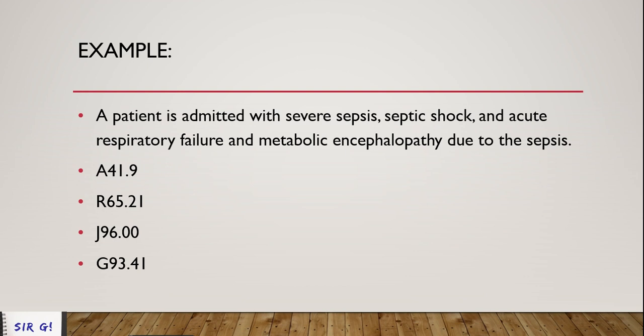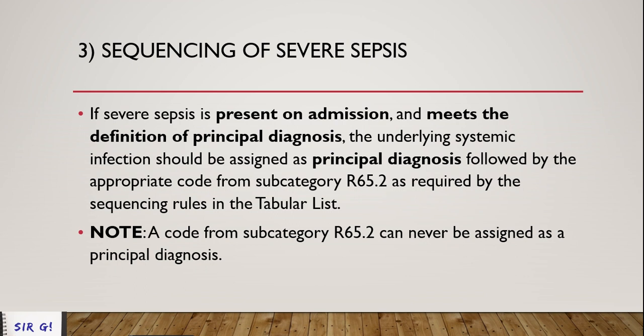It starts from sepsis, followed by severe sepsis, and the highest part, or the worst case scenario, is your septic shock. Okay, that is how you code your sepsis, severe sepsis, and your septic shock.